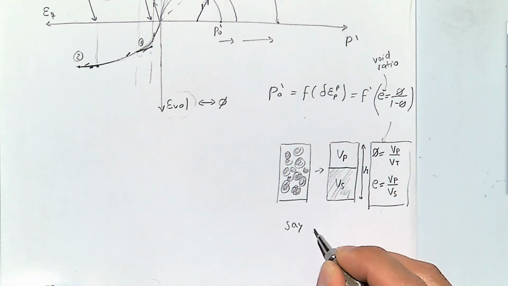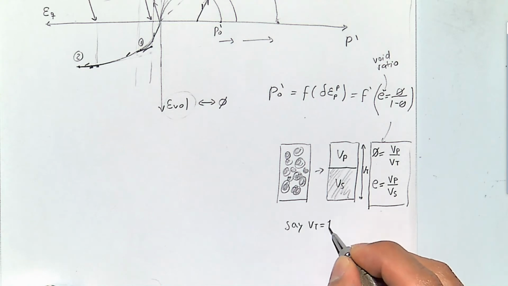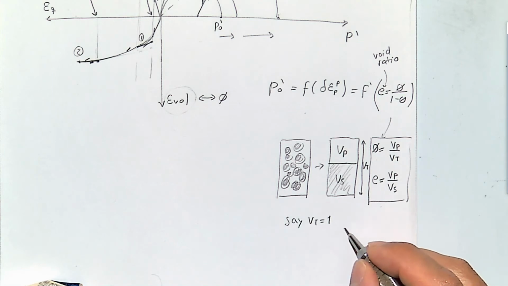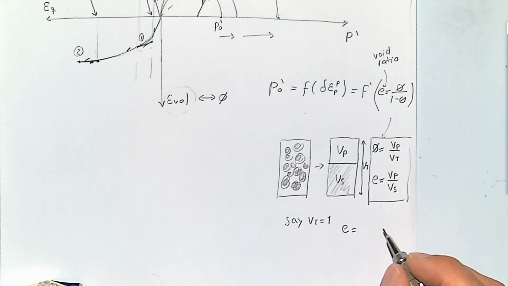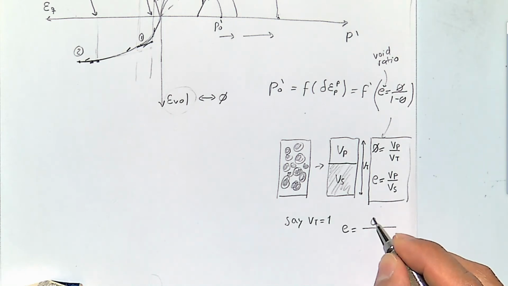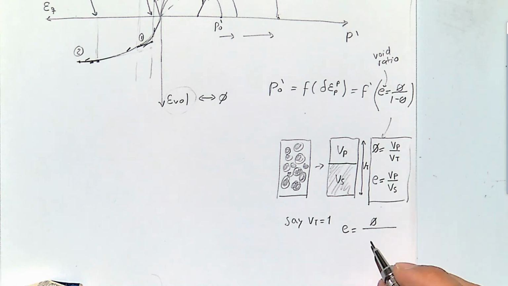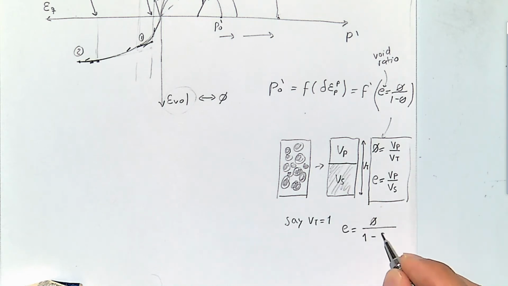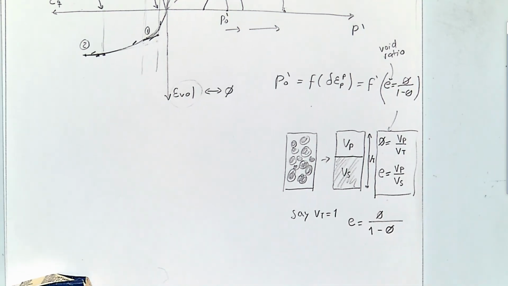Let's say that the total volume is equal to 1, then void ratio is equal to the volume of the pores, which is just going to be porosity, and volume of the solids is 1, total volume, minus volume of the pores, which is the equation that we see over there.